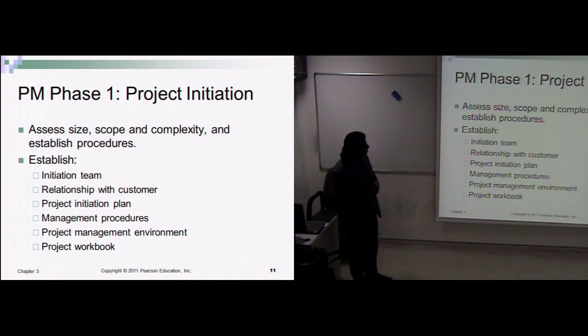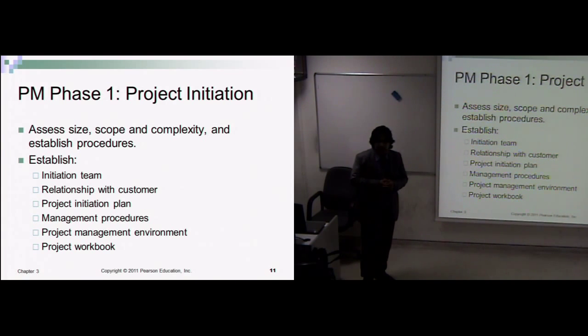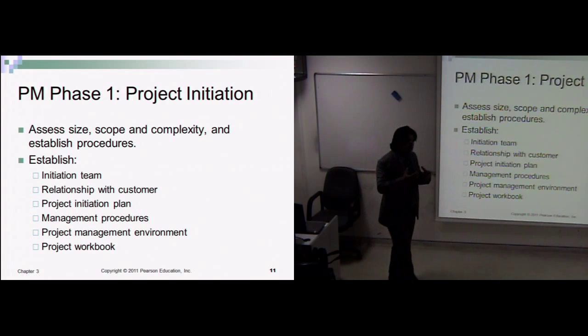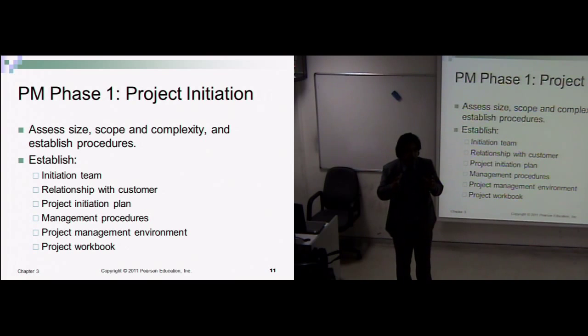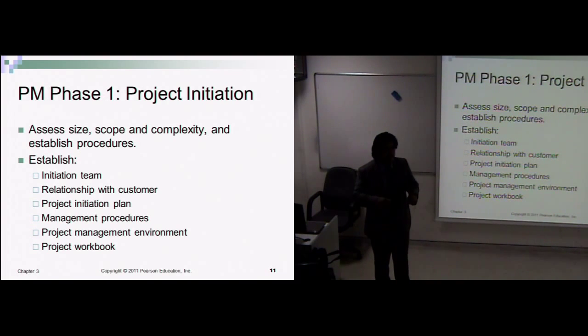Now, assessing the size or scope of the project means they need to understand, for example, which organizational departments need to be automated, whose information needs to be digitized, and who are going to be part of the information system. So they need to assess.